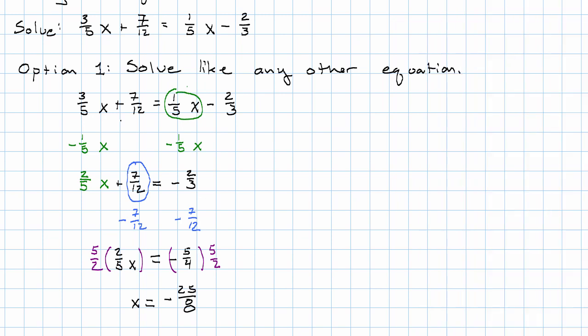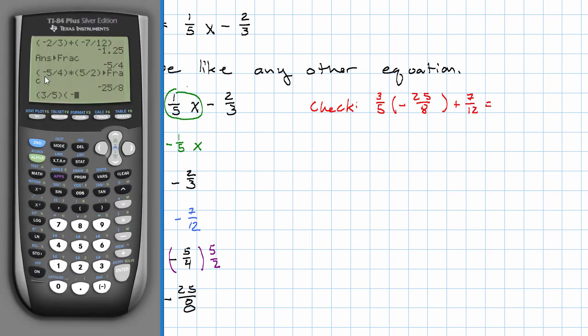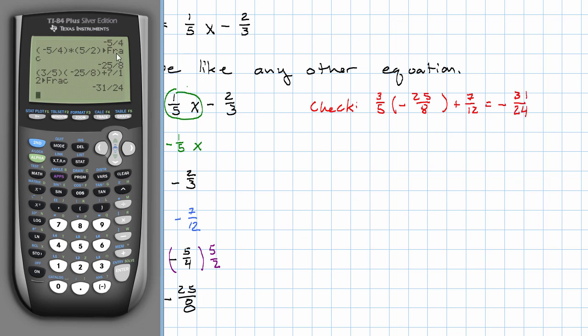Checking my work, 3/5 times negative 25/8 plus 7/12 as a fraction is negative 31/24.